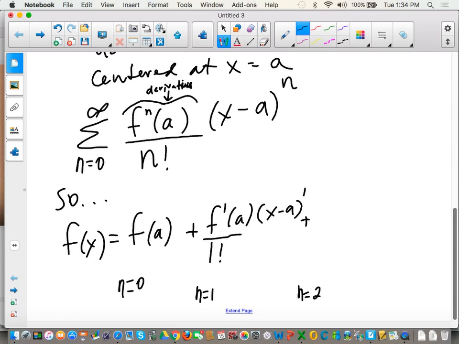So now we're going to take the second derivative, put in a, over 2 factorial times x minus a to the second, and so on. Okay, so you're going to have just those consecutive derivatives, and then the reciprocal.